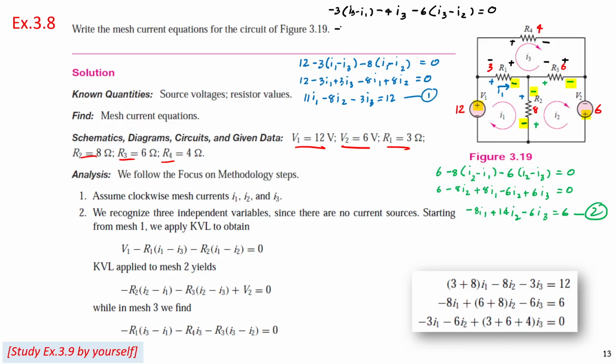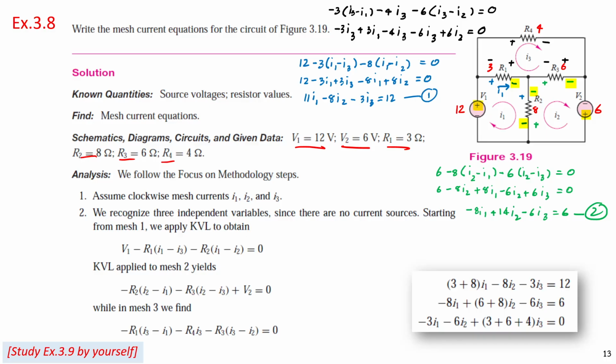Then minus 3I3 plus 3I1 minus 4I3 minus 6I3 plus 6I2 equal to 0.